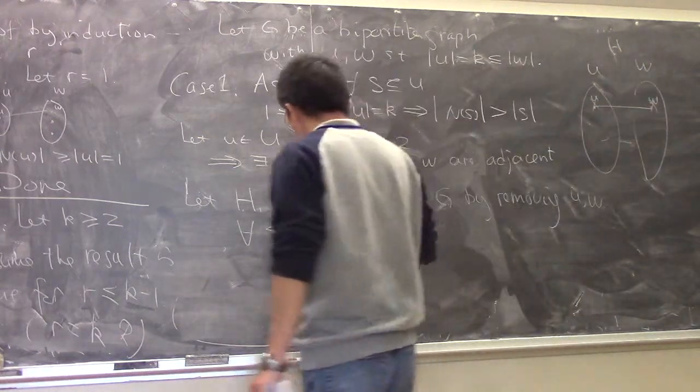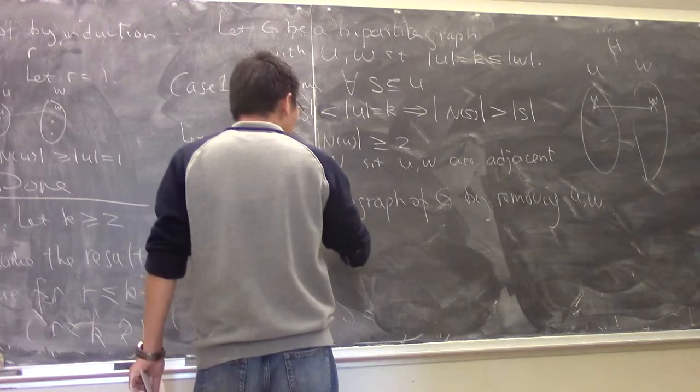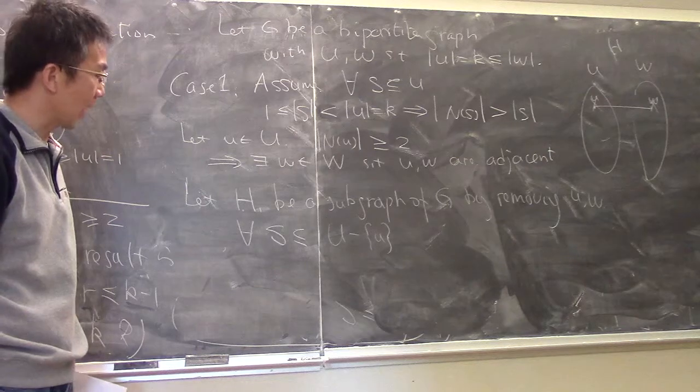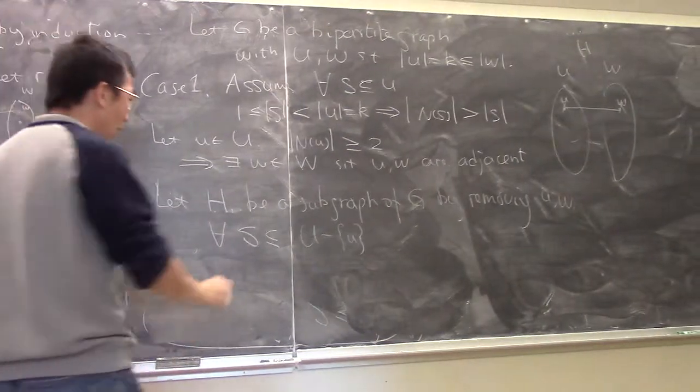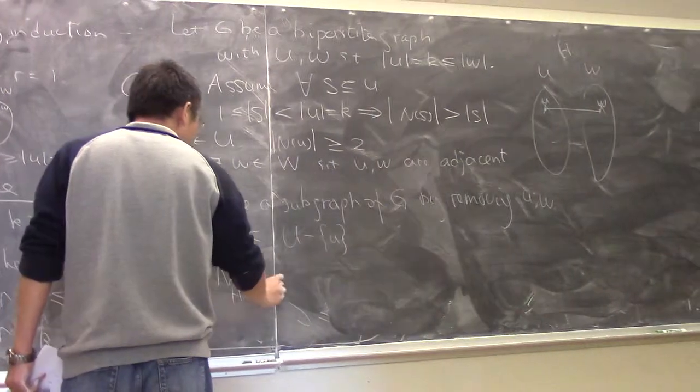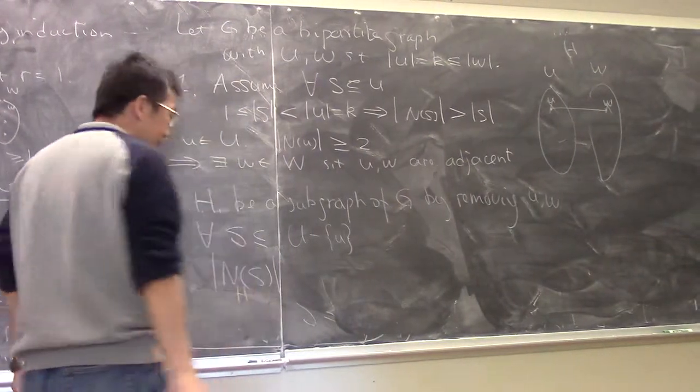So for any subset S contained in U minus the removed vertex, let me consider its neighborhood of S, which is in H now. Cardinality.